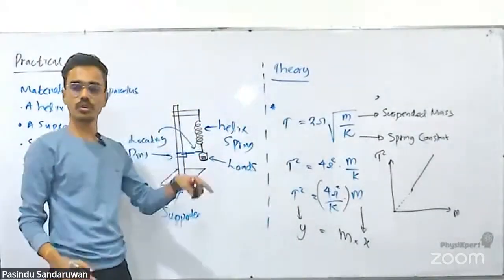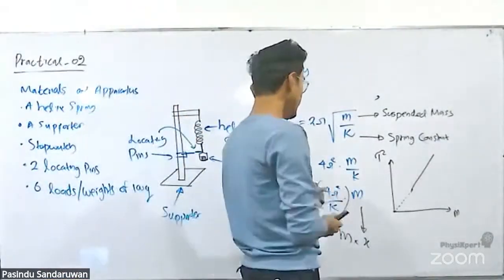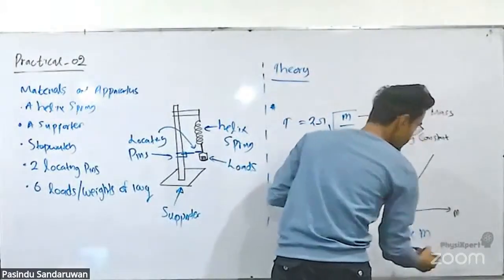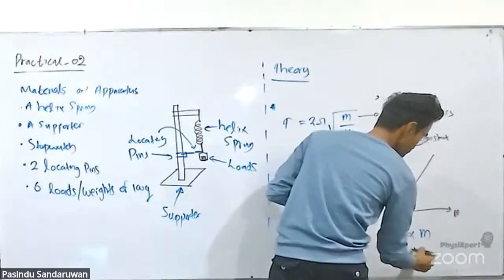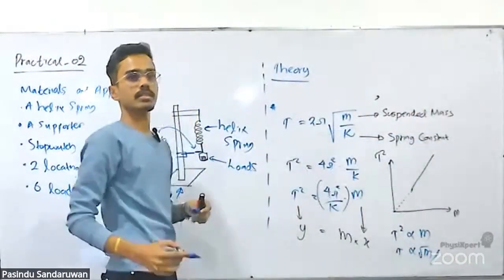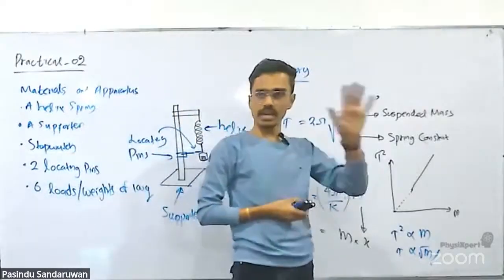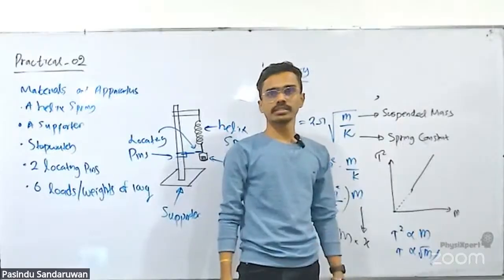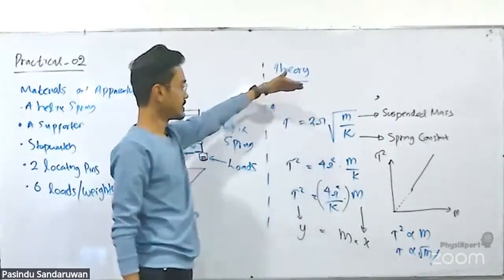If it goes through the origin, this is verified, so you can say T squared is proportional to m. If T squared is proportional to m, T is proportional to root m. That's a verification. You have to plot the graph and check whether it goes through the origin point. Got it? Right? Okay, as a theory, take this down.